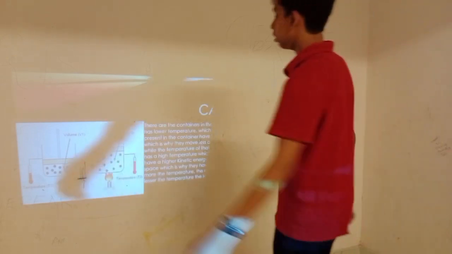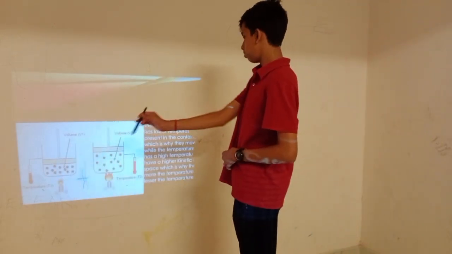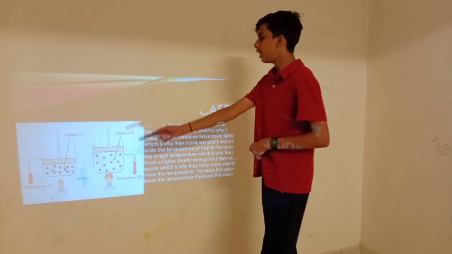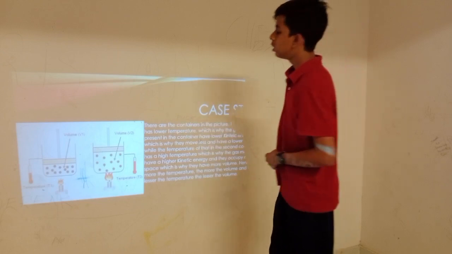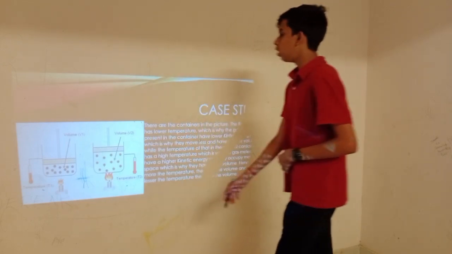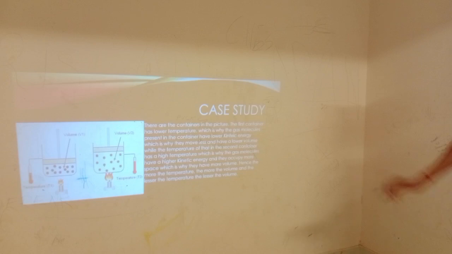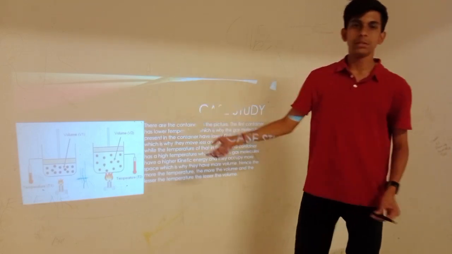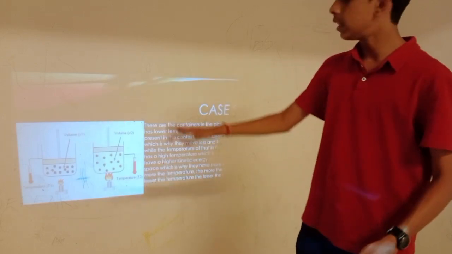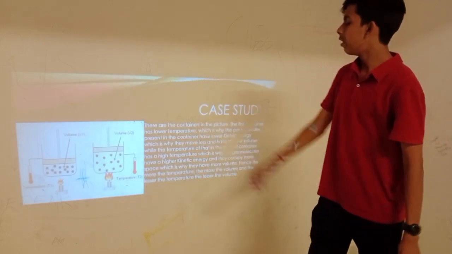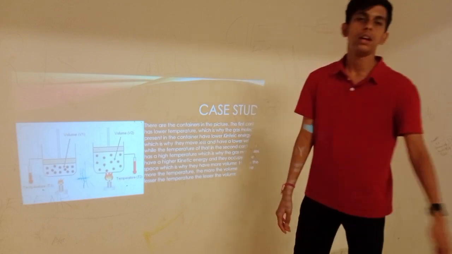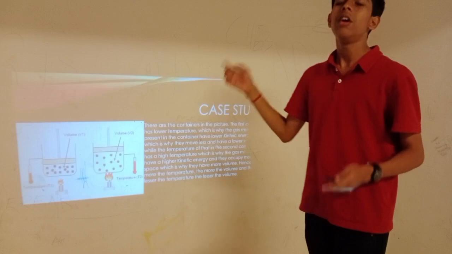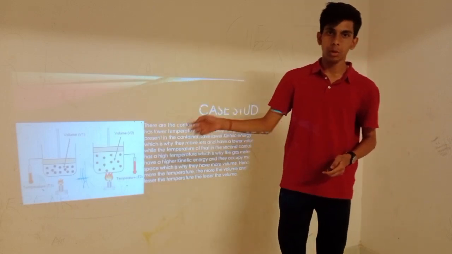To understand this better, we do a case study. Basically there are two containers. The first container has a lower temperature as compared to the second container. The first container has a lower temperature, which means that the kinetic energy possessed by the gas molecules is comparatively lesser than in the second container, where the amount of volume required for the gas molecules to move freely, due to the high temperature which gives them a high kinetic energy, is more.